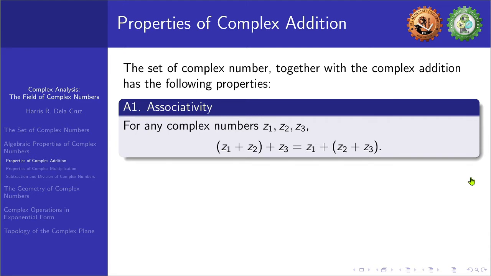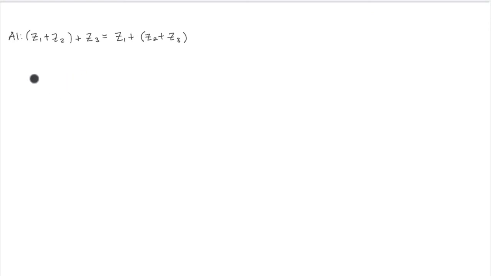still holds. To show property A1, we need to show that the left-hand side, the quantity C1 plus C2 plus C3, is equal to the right-hand side, C1 plus the quantity C2 plus C3. To do this, we are going to use the definition of addition.